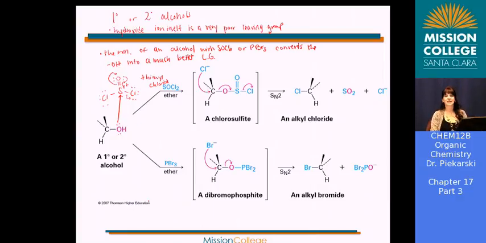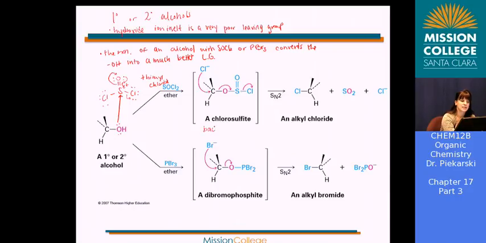That's a lot right now. Like I said, once we get to that chapter, I'll show you the intermediates, and we'll do it slowly. But what you end up having here is a chlorosulfite intermediate. And this is going to end up being a really good leaving group, because the chloride is going to come in and do backside attack.